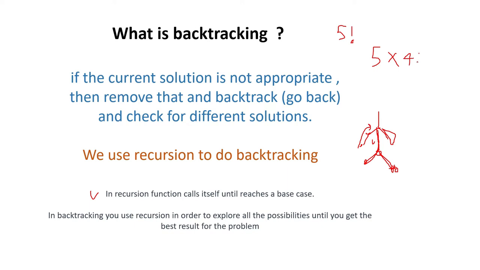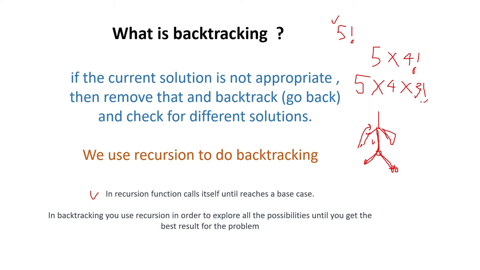If we progress more, then 5 into 4 into 3 factorial. So this factorial part is common. Factorial is a function where you pass some number to get the output, but every time you pass a different number, and if you combine all those things, you get the result as output.